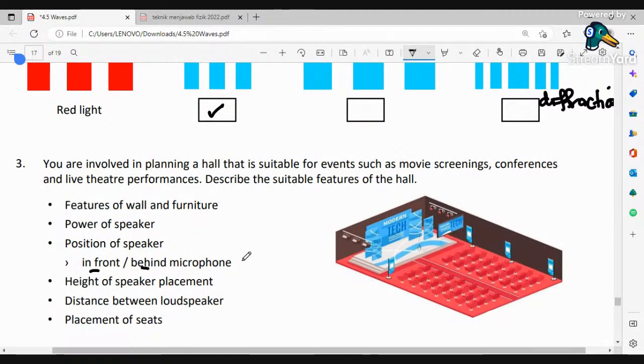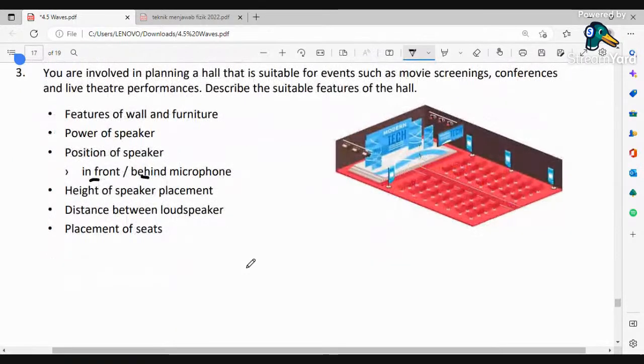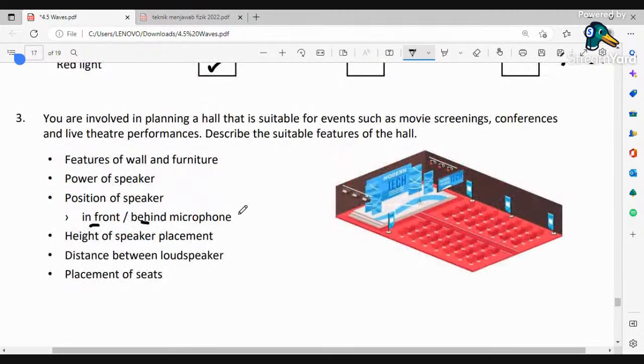Okay, for this one is for section C. Modification. So you are given all this one, more than 5.